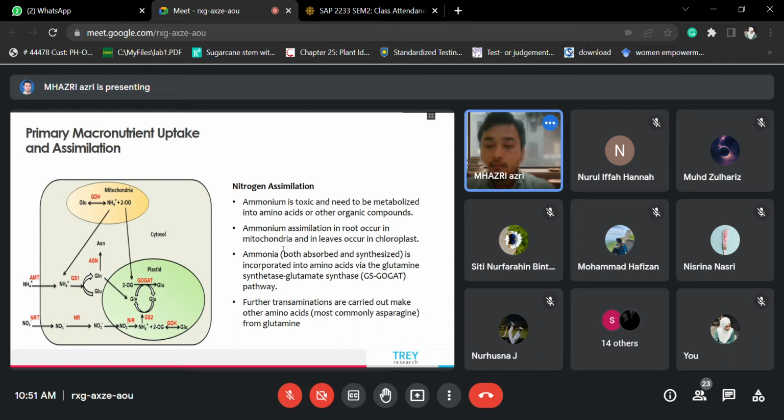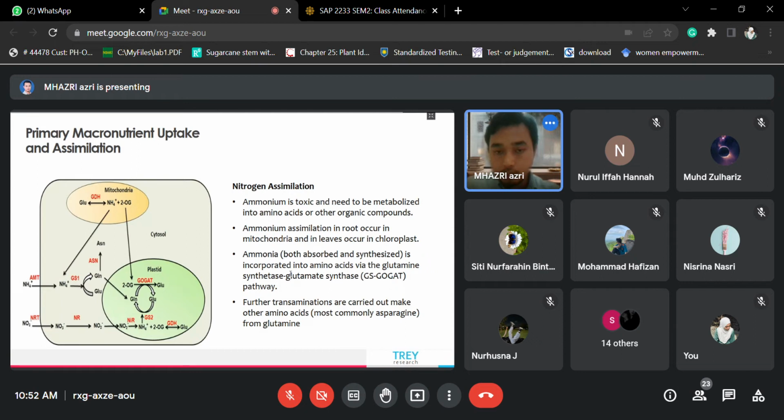Okay. So ammonium is incorporated into amino acids via glutamine synthetase, glutamate synthase, or the GS-GOGAT pathway. Further transformations are carried out to make other amino acids from glutamine. Okay. So I will detail these processes.